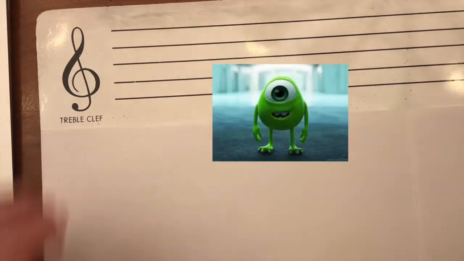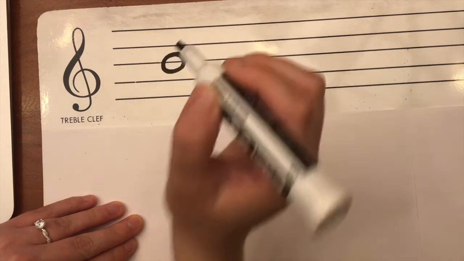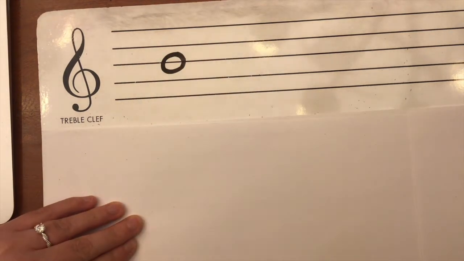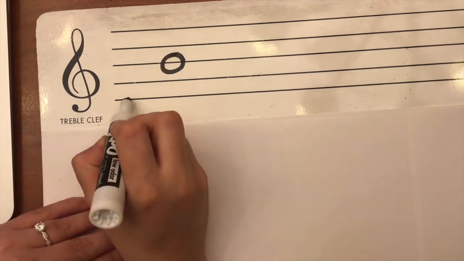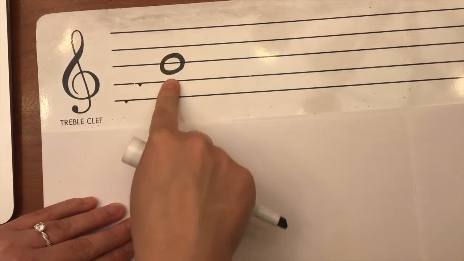Let's try 3 more. Next one is a line note, think about it. Okay, let's walk up together. We've got every good boy, so this note should be B. Congratulations if you got that correct. 2 more.